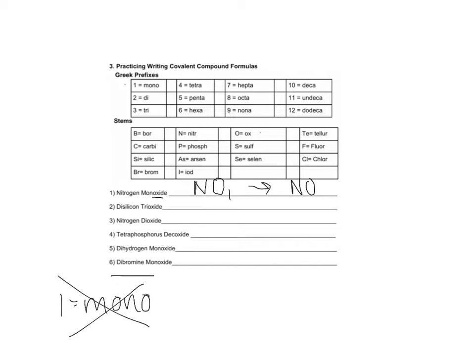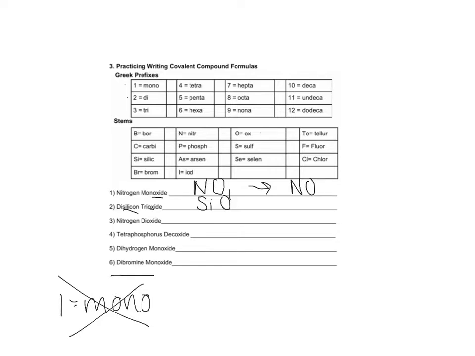I'm going to do number 2 with you as well. Disilicon trioxide is number 2. Again, figure out what elements we're working with. Silicon and oxygen. And you can write their symbols, leaving space for the subscript. For silicon, we see that there is di.